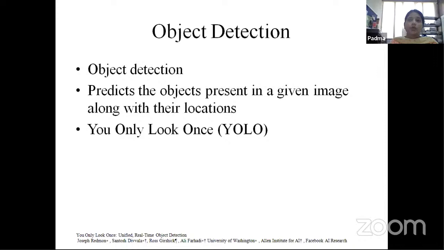What type of object the image has, it would answer in terms of classification, as well as where that particular object lies in the given input image.